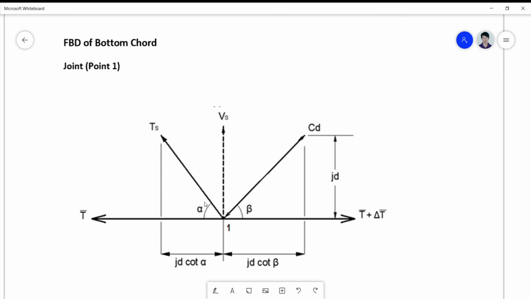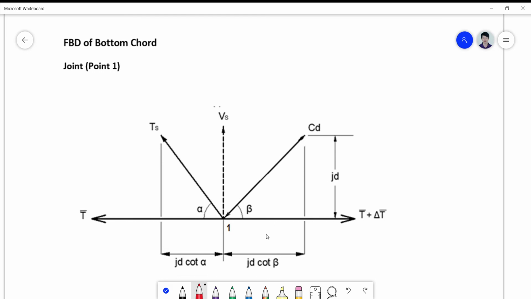And if we solve this free body diagram in terms of forces, by the way, your distance from this point to this point is defined by the height JD, which is the compression, the couple moment arm.